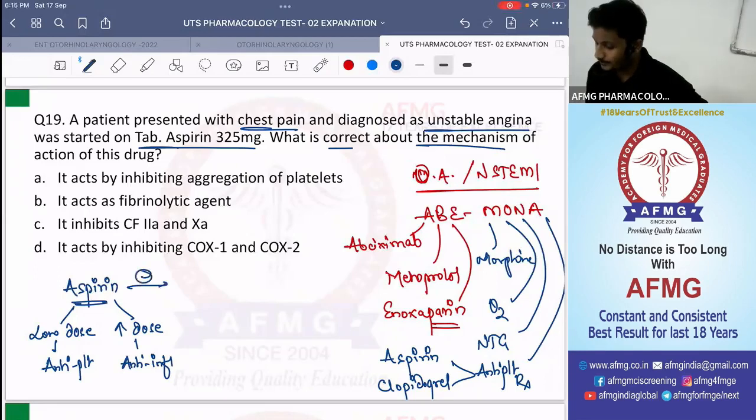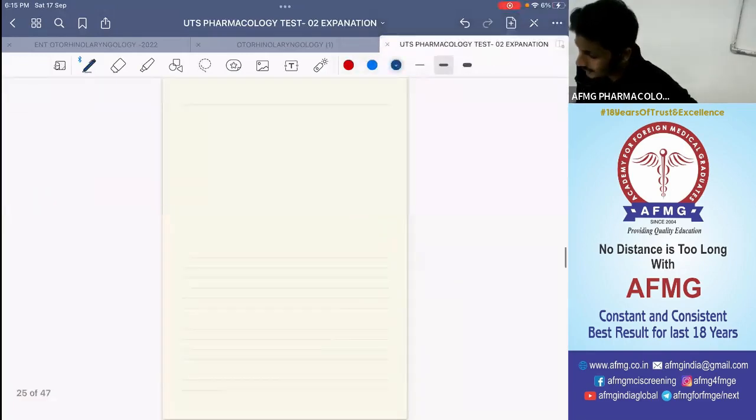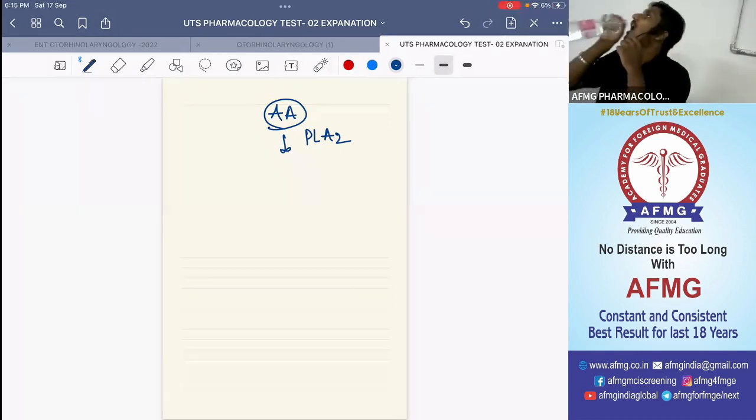So here aspirin, which enzyme does it block? It is the inhibitor of COX, that is the cyclooxygenase enzyme. I hope all of you are quite aware. Arachidonic acid is converted by phospholipase A2, which is the rate limiting enzyme of arachidonic acid metabolism.